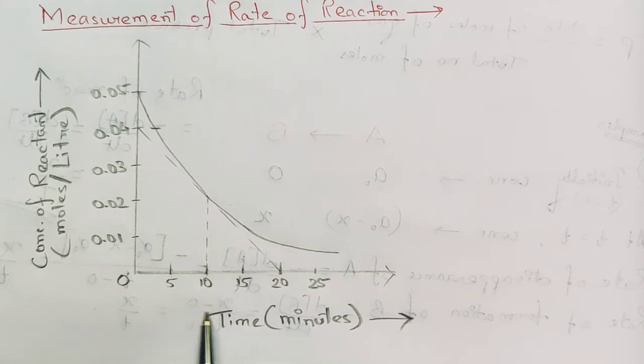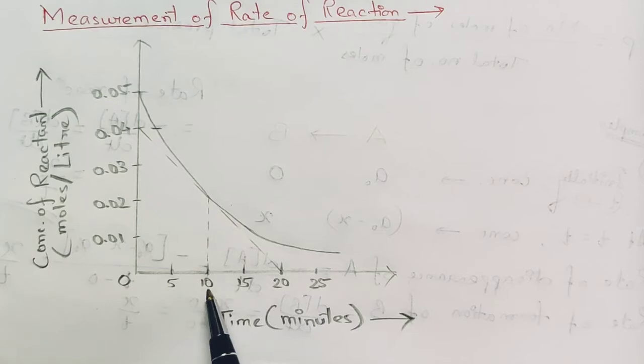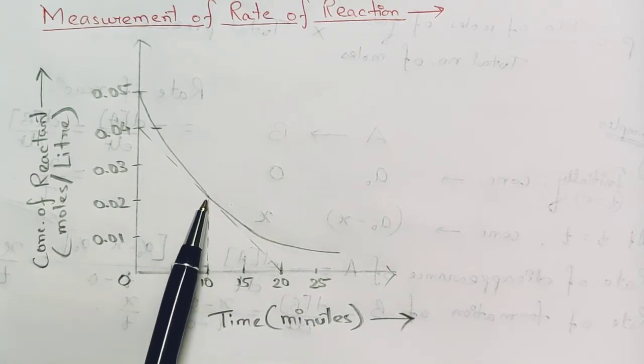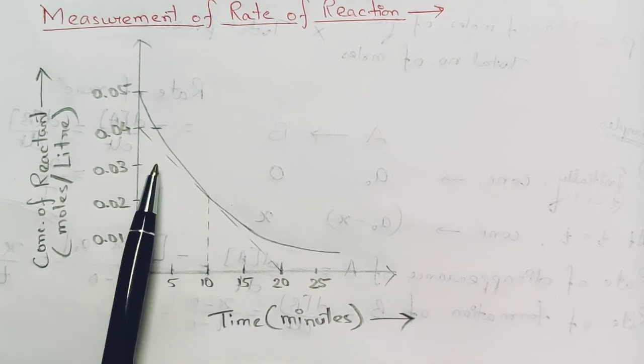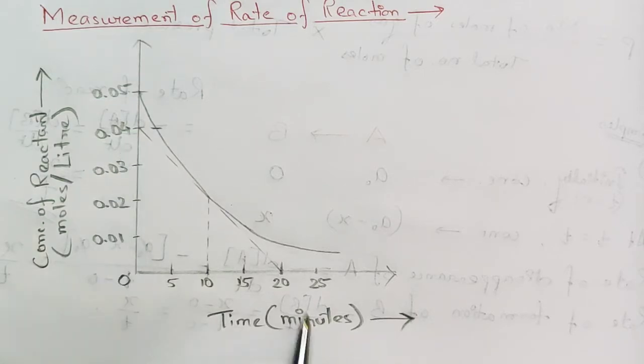At any time, if we want to know the rate of reaction, then for any curve we need to draw a tangent at that instant. Here we want to find the rate of reaction at this instant, that is time 10 minutes, so we will draw one tangent from this point. Clear? If we extrapolate that tangent, it cuts here at 0.04 moles per liter and here at 20 minutes.